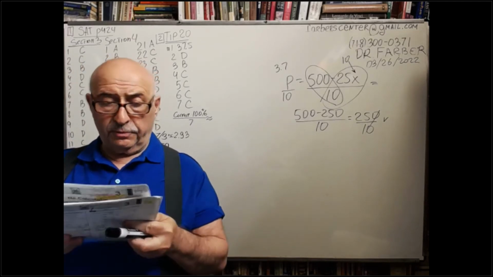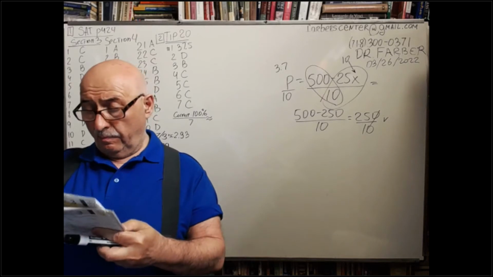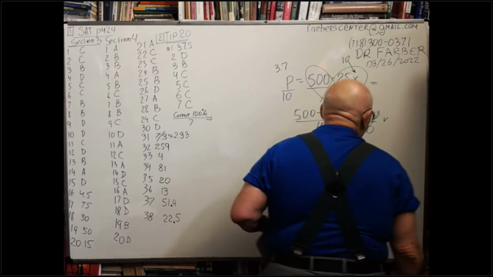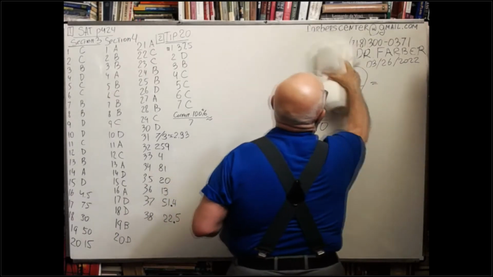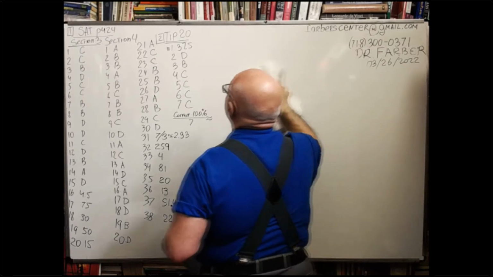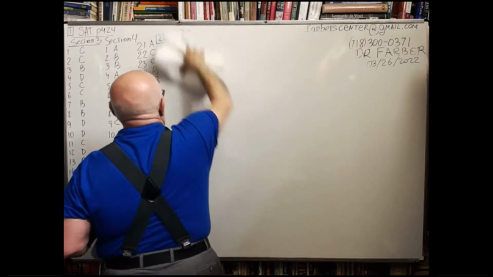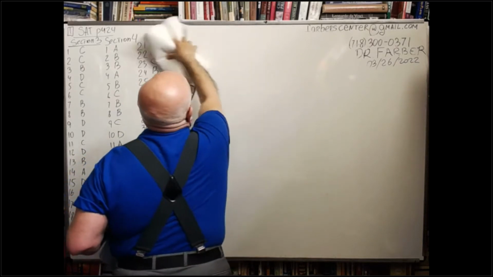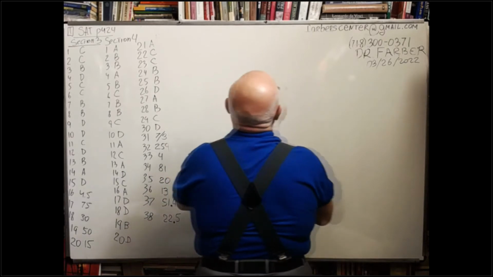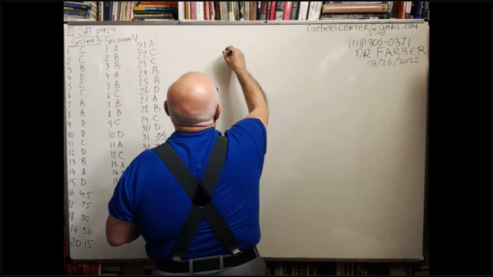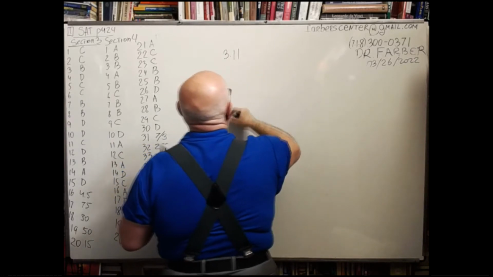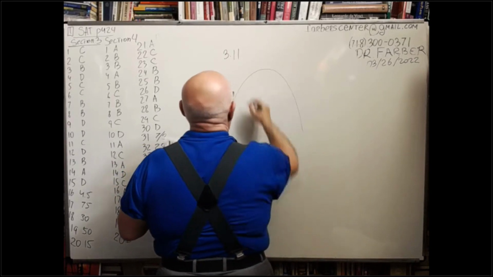Next goes, what is it? 3-11. In 3-11, we have a parabola, kind of like this.